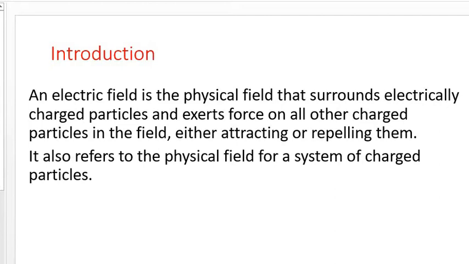An electric field is a physical field that surrounds electrically charged particles. So when we have got particles with different potential, consider the plates of a capacitor. One is positively charged and the other one is negatively charged. The field between those plates is what is known as an electric field.